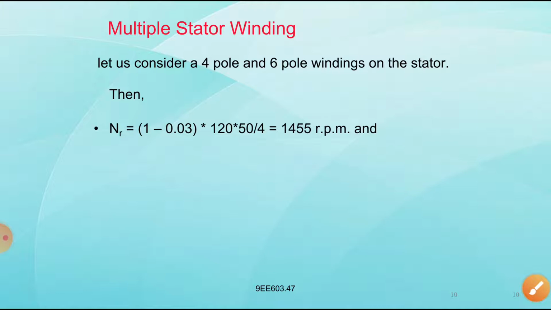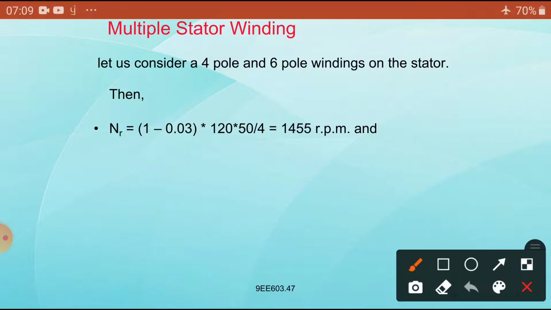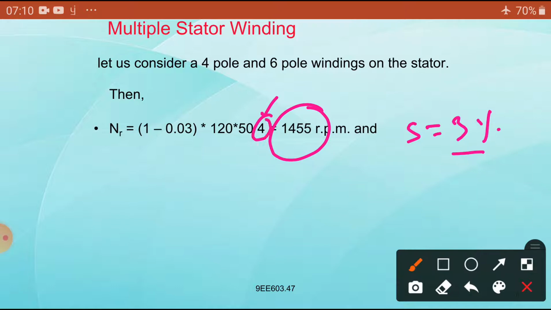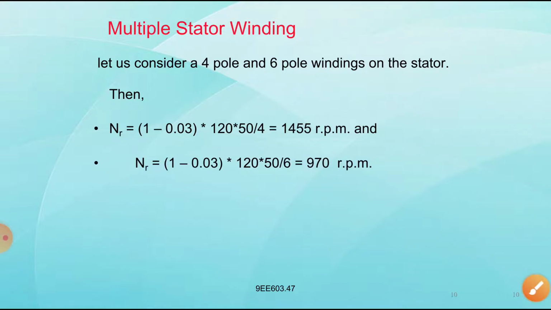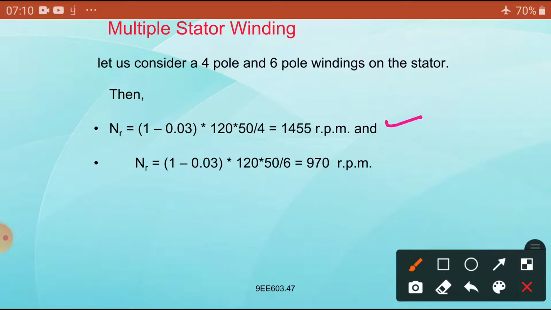NR is equal to 1 minus S times NS. For example, if the slip S is taken as 3%, at that condition, if P is equal to 4 pole machine, we are going to get the 1455 RPM rotor speed. With the same slip, if P is equal to 6, then we are going to get a different speed. You can see here the rotor speed. Here the synchronous speed is 1500 RPM, but our rotor is rotating at 1455.